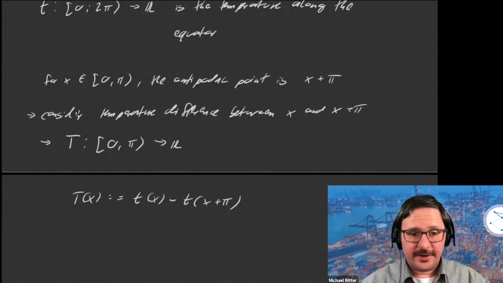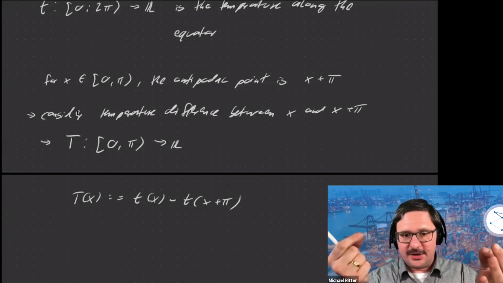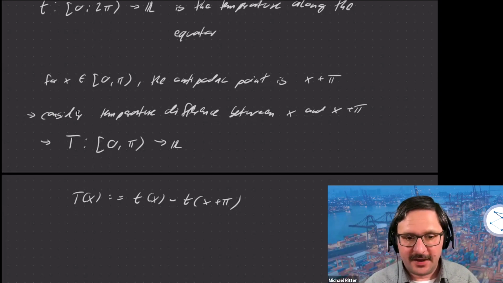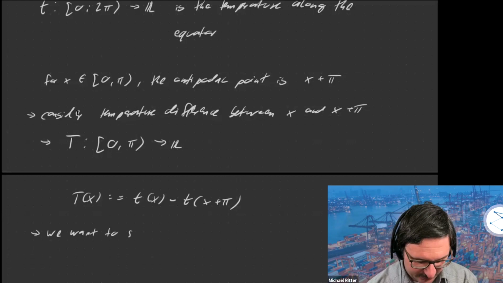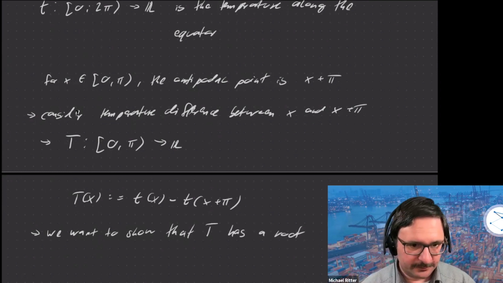So if you want to show that there are points where the temperature at x and at the antipodal point x plus pi is exactly equal, then this is the same as showing that capital T has a real root. So we want to show that capital T has a root.